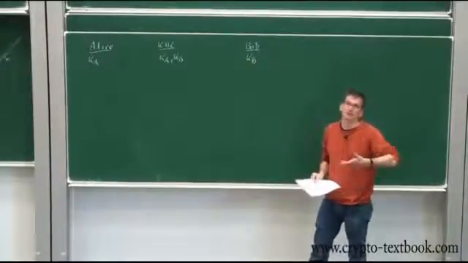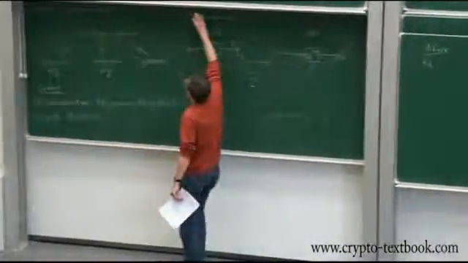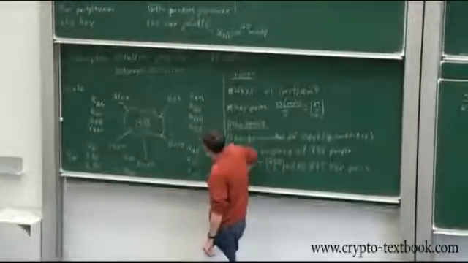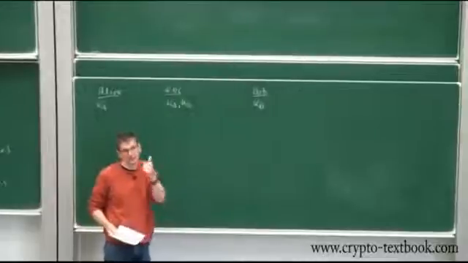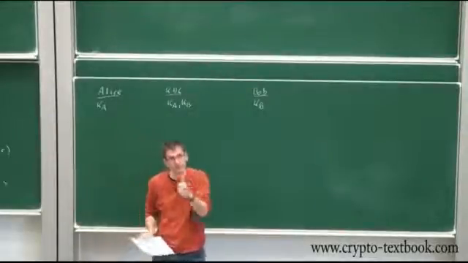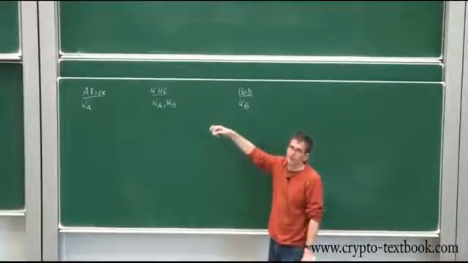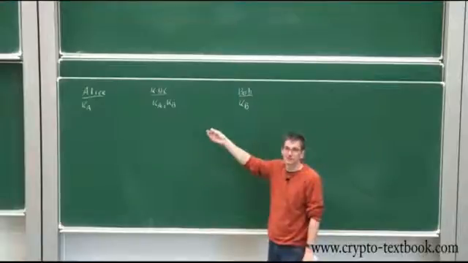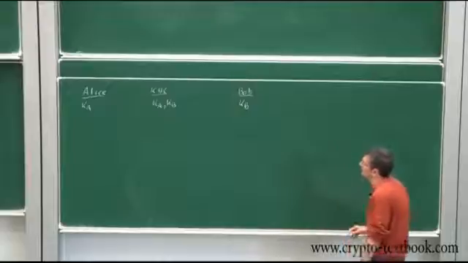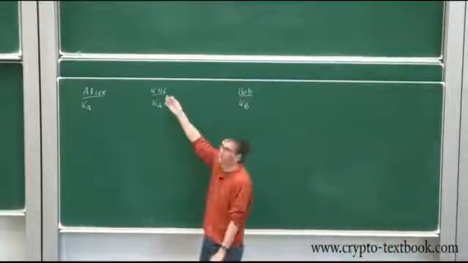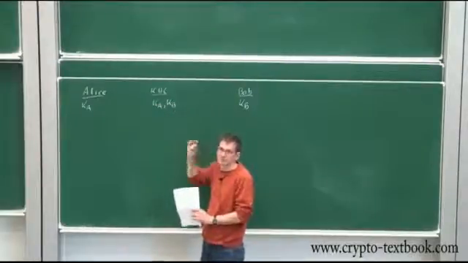The emphasis here is there's only one key per user. Before we had n keys per user. There's only one key per user, which you only have to establish once. And there's only one key for Bob, and it doesn't matter whether there are 2 parties in the network or 4 parties or 750 people. It means also in practice, if there's 750 users, there would be K1, K2, K3, up to K750.